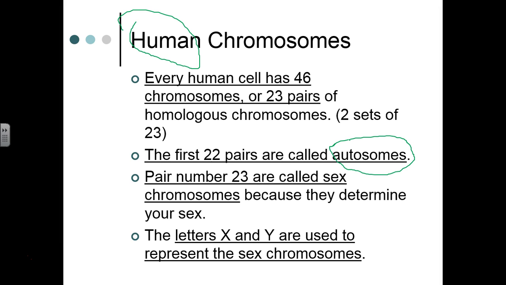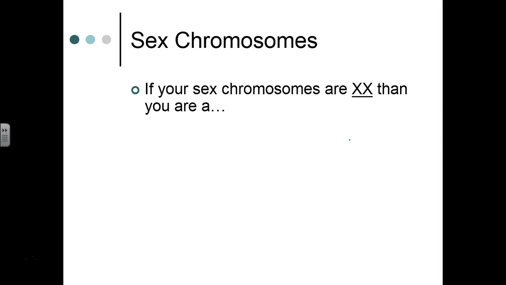They don't have the shapes of X and Y. We just called them chromosomes X and Y. Okay? Those are just the names of them. So if your sex chromosomes are XX, then you are a female. You need to commit that to memory. And what that really means is that one of these came from mom, and the other one came from dad. Okay?